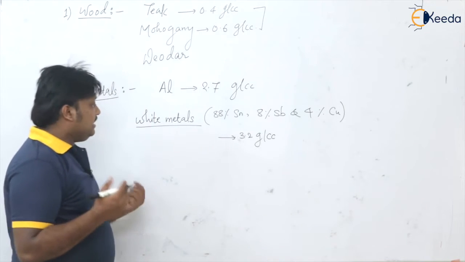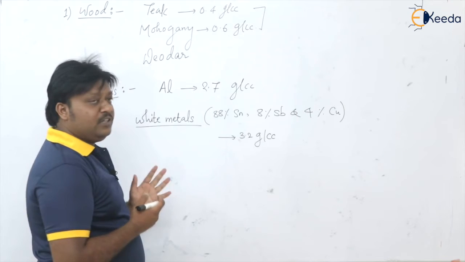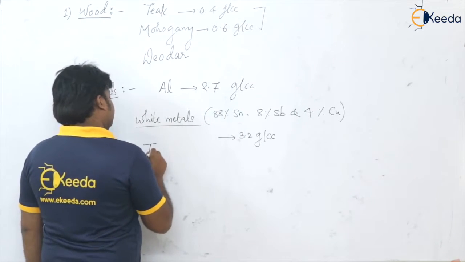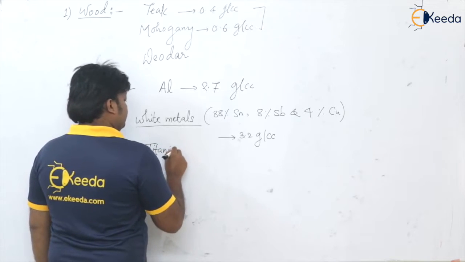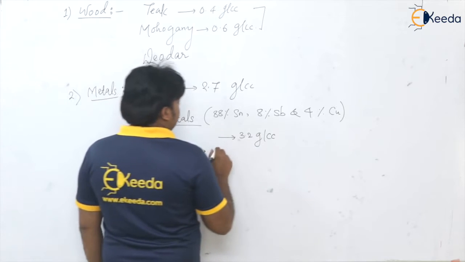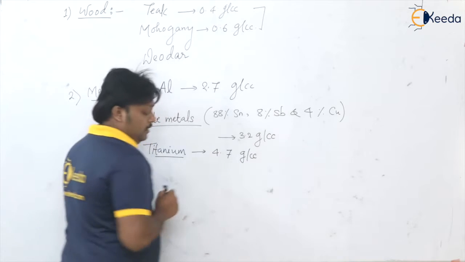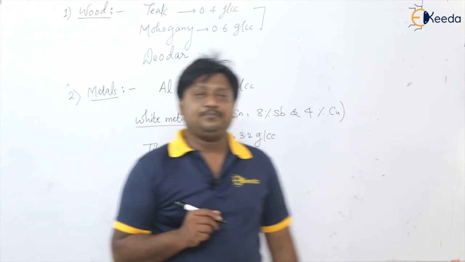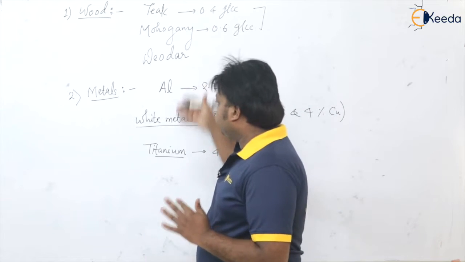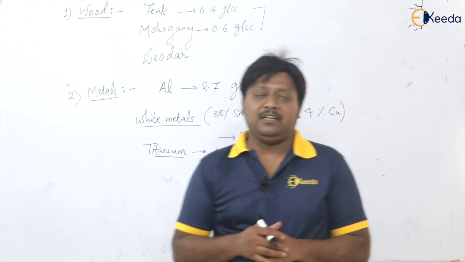And recently in foundry industries, we are also using titanium as the pattern material. What is the density of titanium? It is 4.7 grams per cc. So these are the metals which can be used as the pattern material.